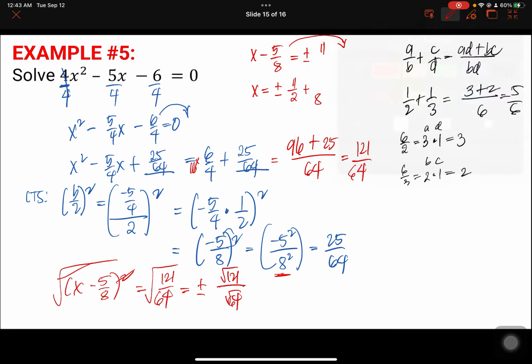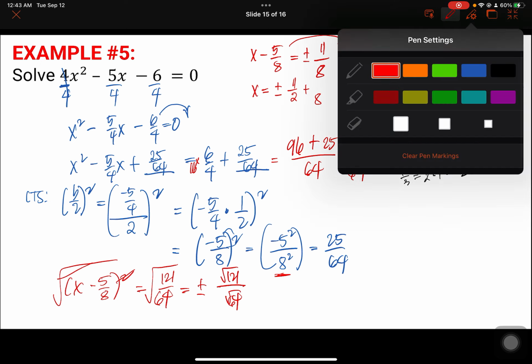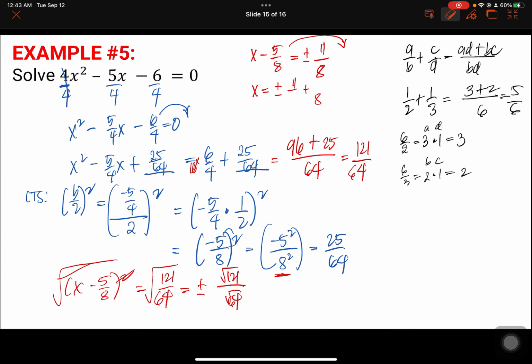Okay. So, from 64, no, square root of 121 is 11. Then, square root of 64 is 8. So, meron tayong 11 over 8, transpose natin yung 5 over 8. So, x1 natin ay 11 over 8 plus 5 over 8 or equal kay 16 over 8 na equal kay 2.